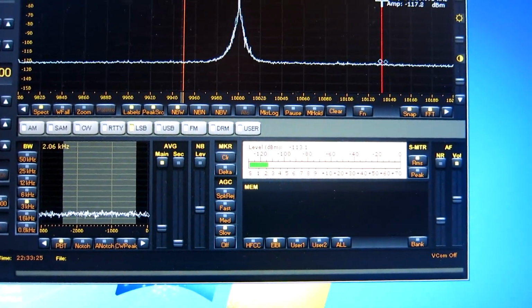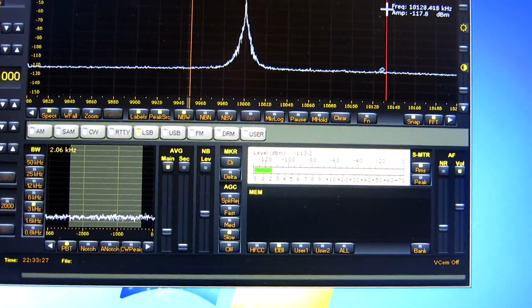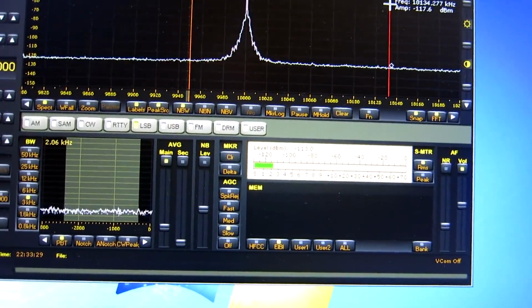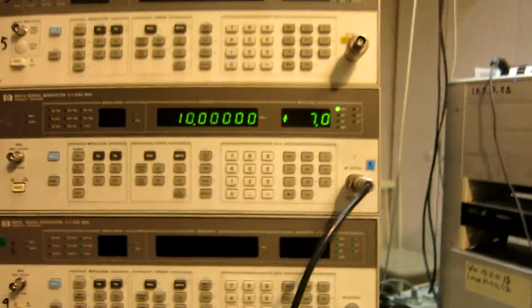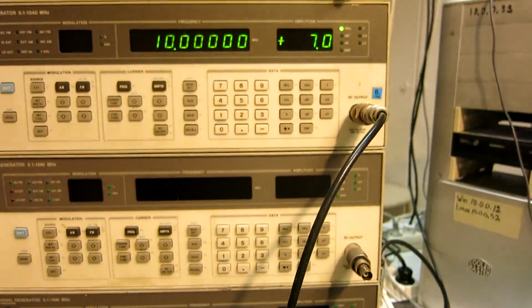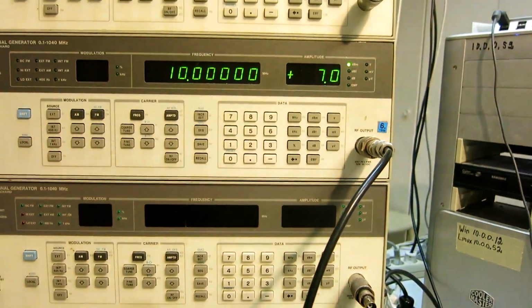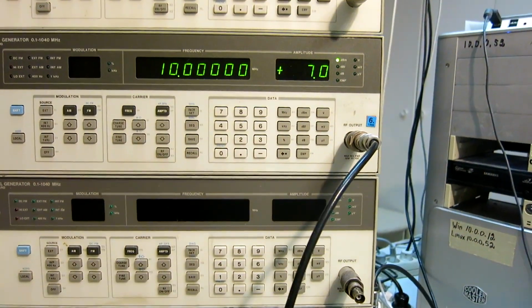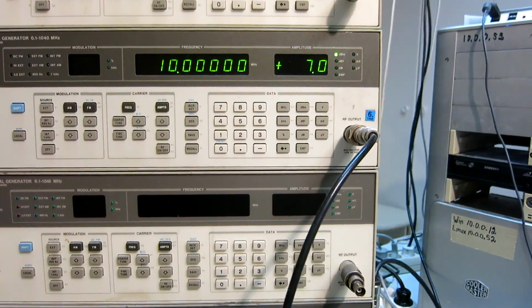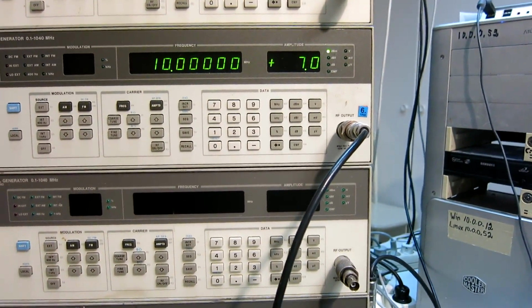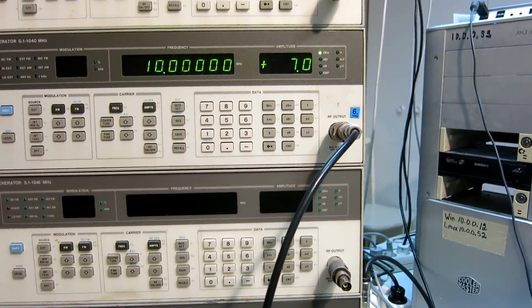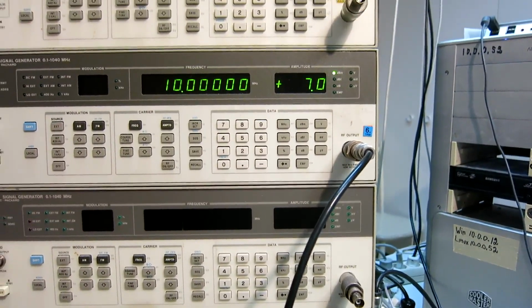So it's a 1 dB increase of the noise floor. And this is with an input signal of plus 7 dBm, which means that the output has to be something like plus 15 or so. I don't remember the details.